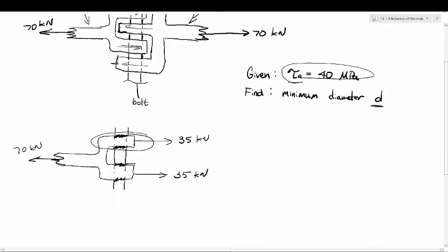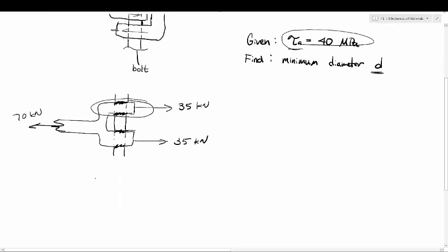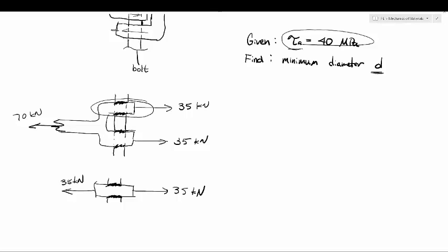If I further break this down, we have this one. We have 35 kilonewtons, so there's going to be 35 kilonewtons over here. Again, the bolt comes through, and the shear area in question is in contact at the top and at the bottom, so we effectively have two areas that we need to consider.